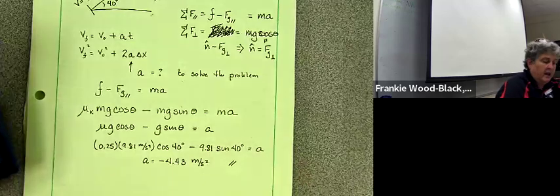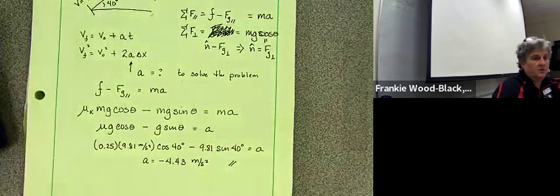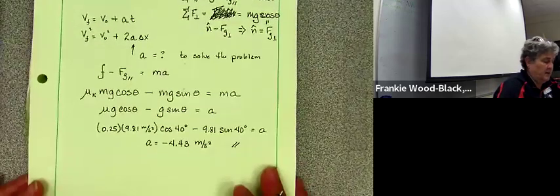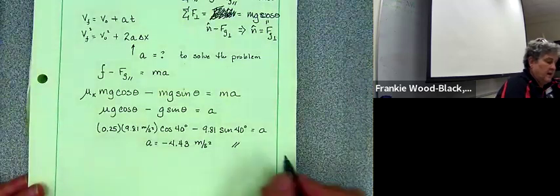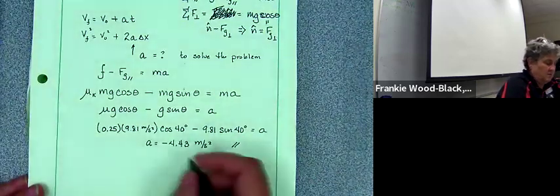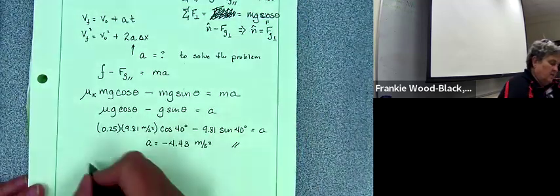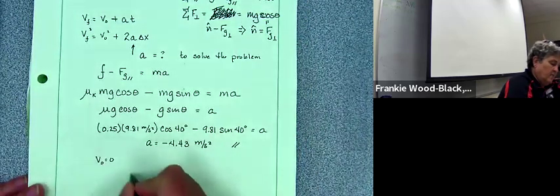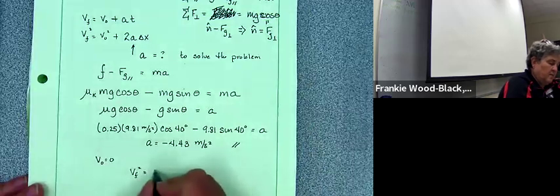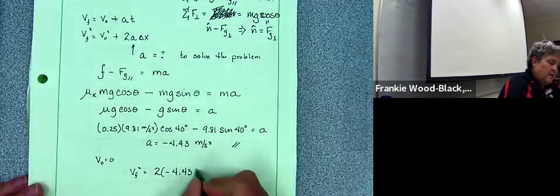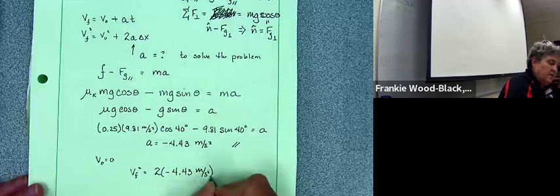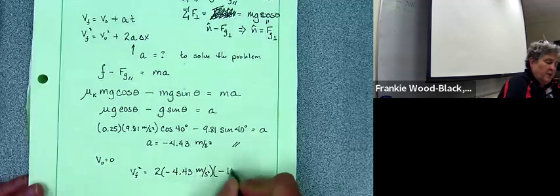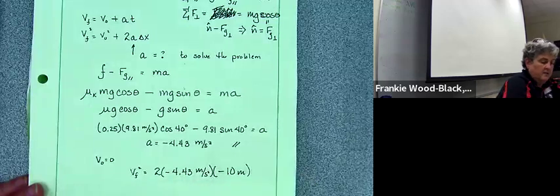And that's parallel to my inclined plane. If we start this at 0, our initial velocity is 0, we get v final squared is equal to 2 times negative 4.43 meters per second squared. And we're going down the plane, so that's a negative right there.